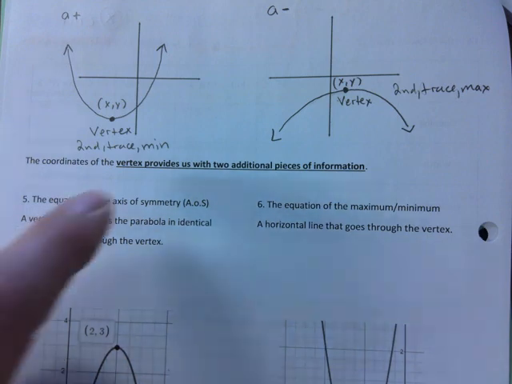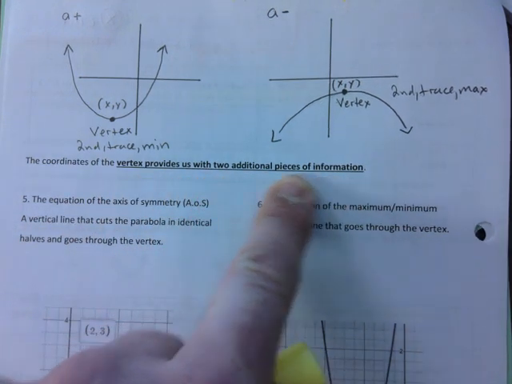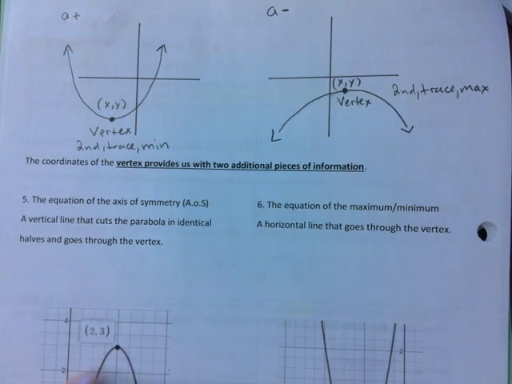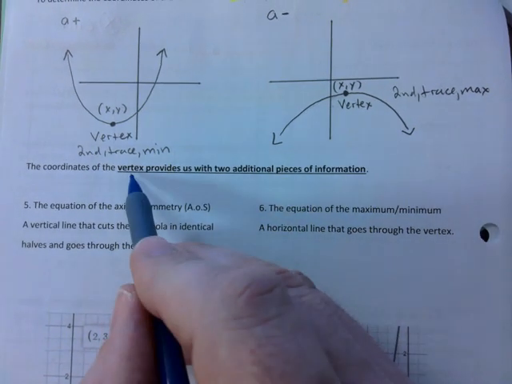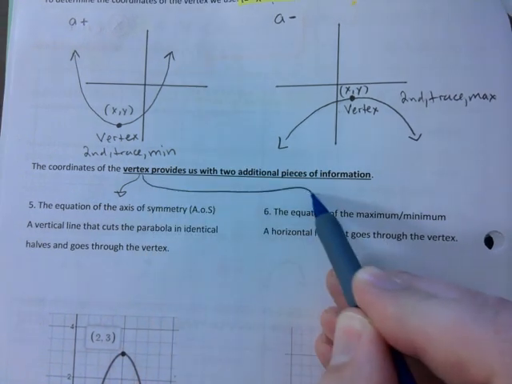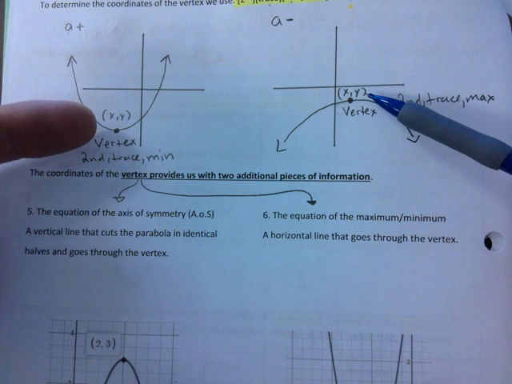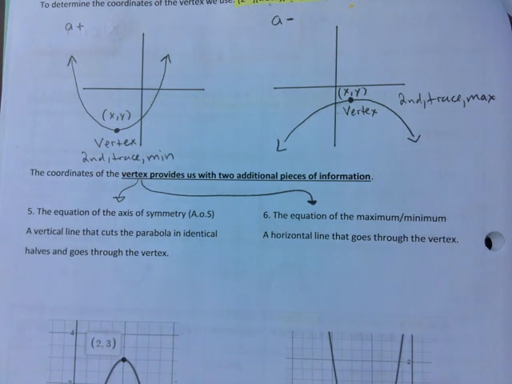The coordinates of the vertex provide us with two additional pieces of information. Okay? So the vertex will give us this, and the vertex will also give us that. Just by looking at those coordinates, we know two things about the graph.